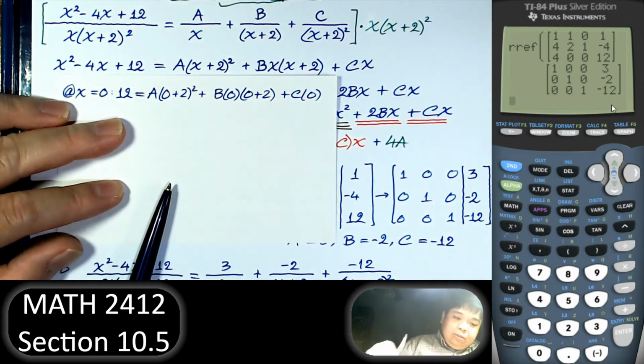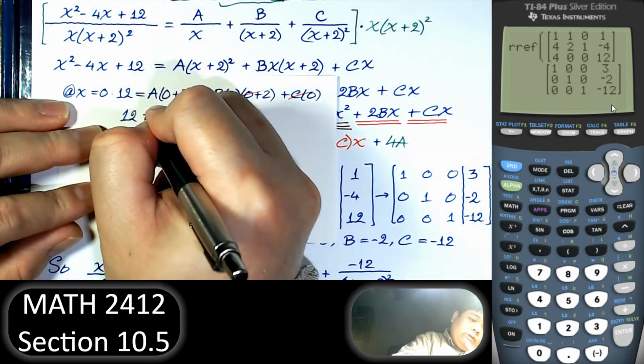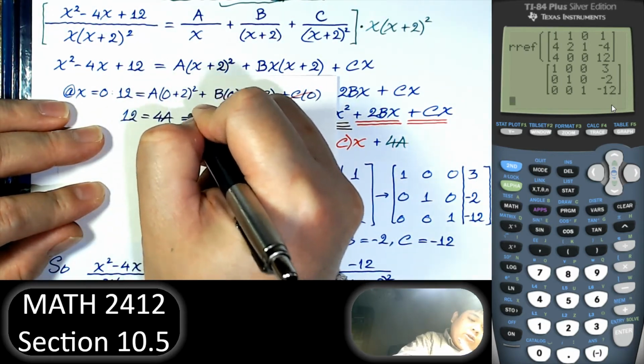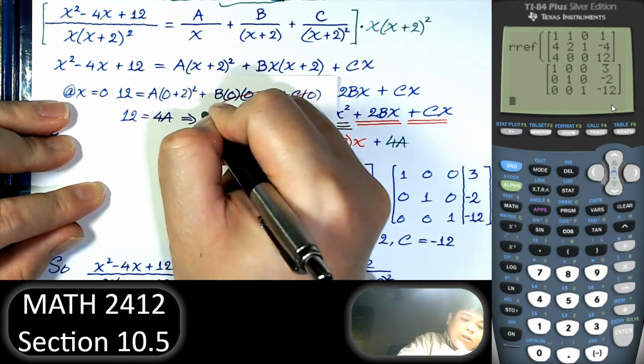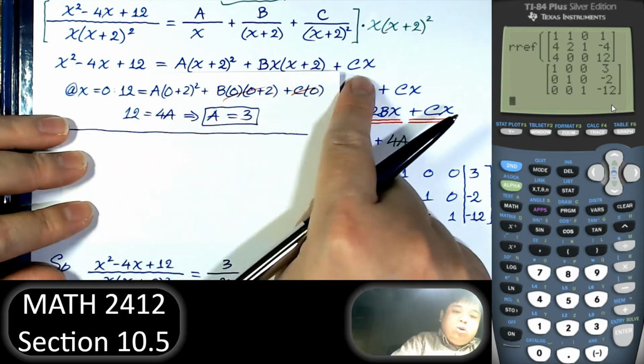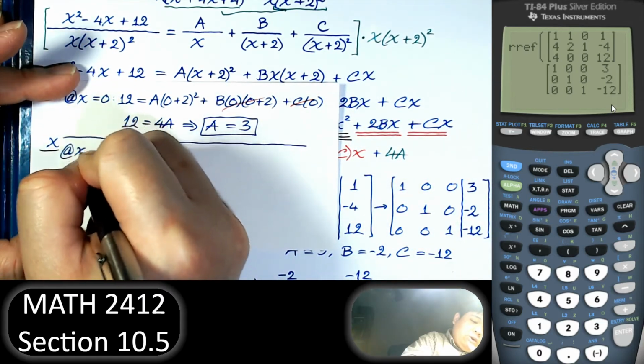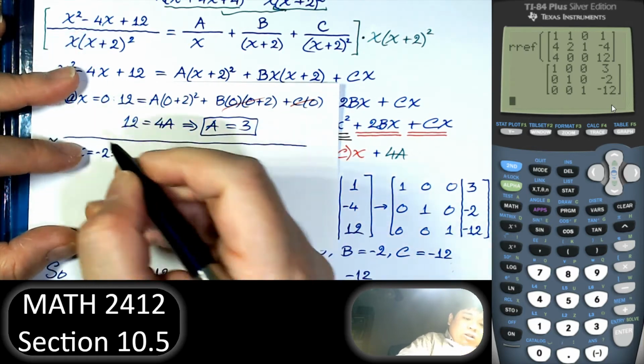Of course, this one is gone, this one is gone. 12 equals 4A, so A is equal to 3. Simple enough. Right. Now also that we have a factor of x plus 2, so why don't we use x equal to -2? Some of them will cancel out.